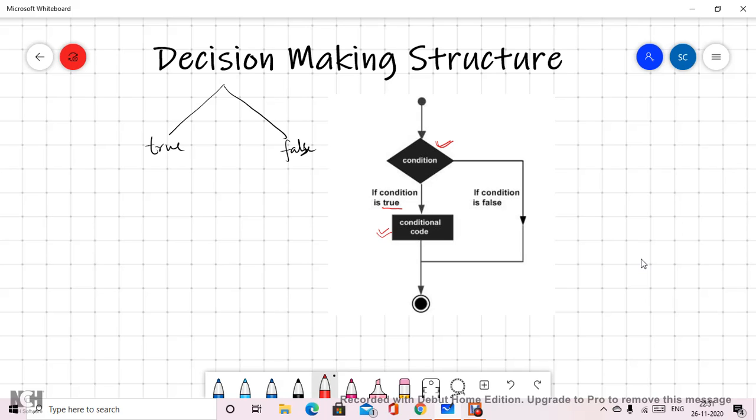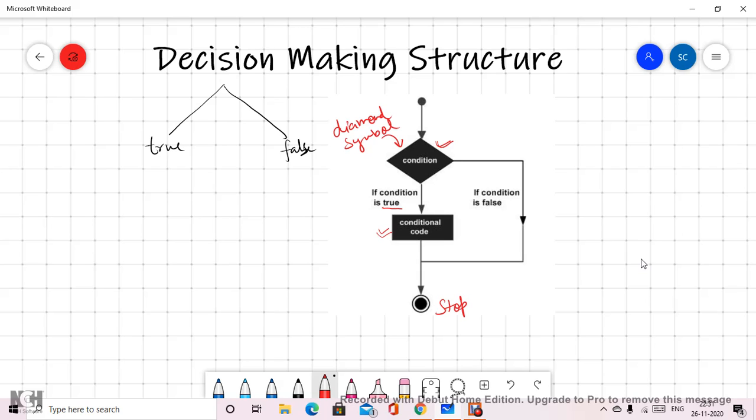Here you can imagine that this is the stopping criteria of my algorithm, and always remember that this diamond symbol is used for decision making in flowcharts.